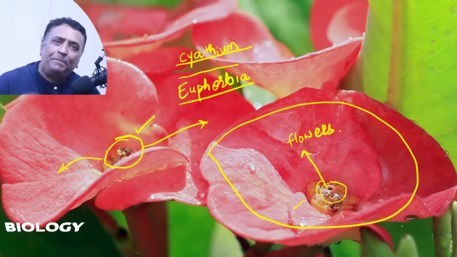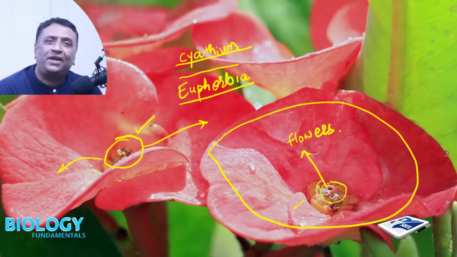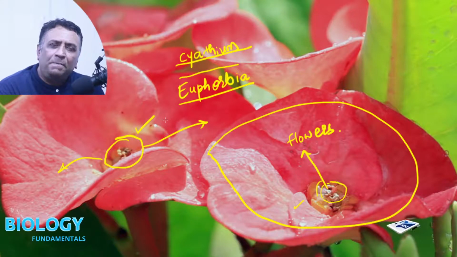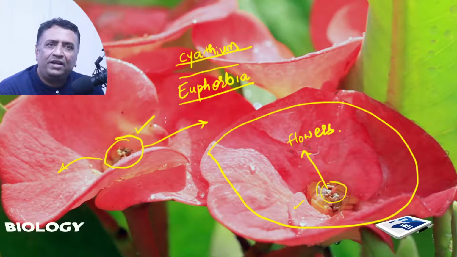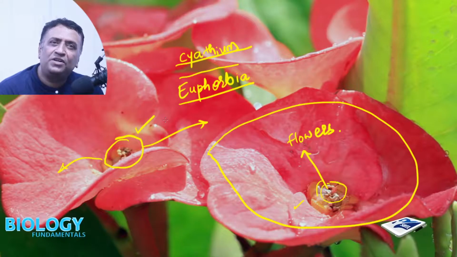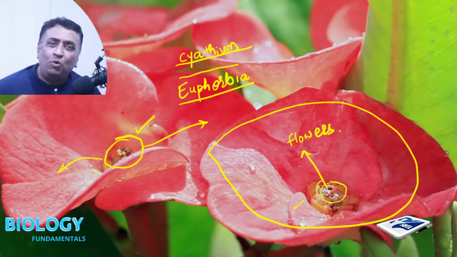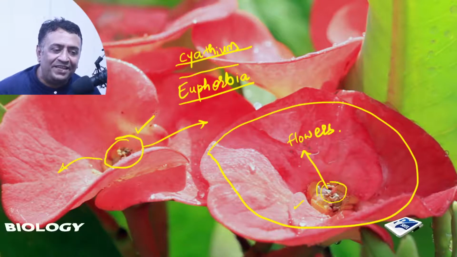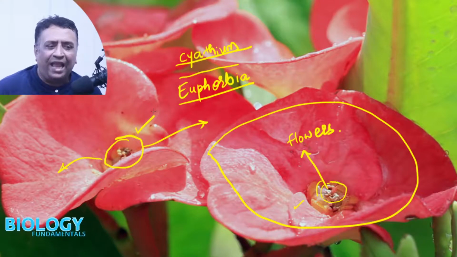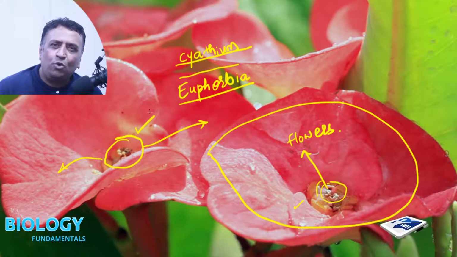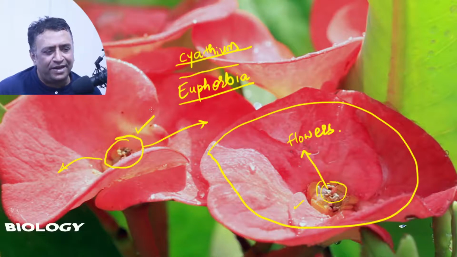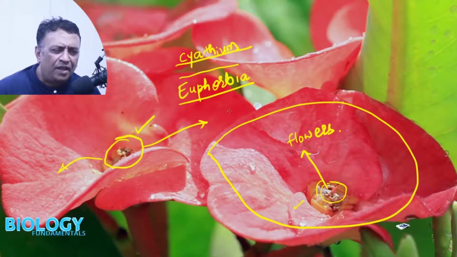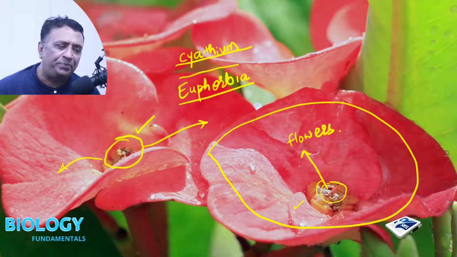And because of that, snails are controlled. Many diseases like schistosomiasis are transferred from one person to another through the snail vector. That is why WHO has suggested this plant to control the snails, the vector of that infectious disease, and that is the reason this plant has some importance.